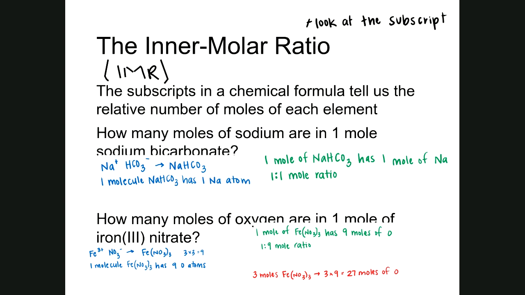But the intermolar ratio really just means take a look at the subscript. Look at how many of each element we have in the compound in question. So our intermolar ratio is we're looking at how many of a given element is in a compound.